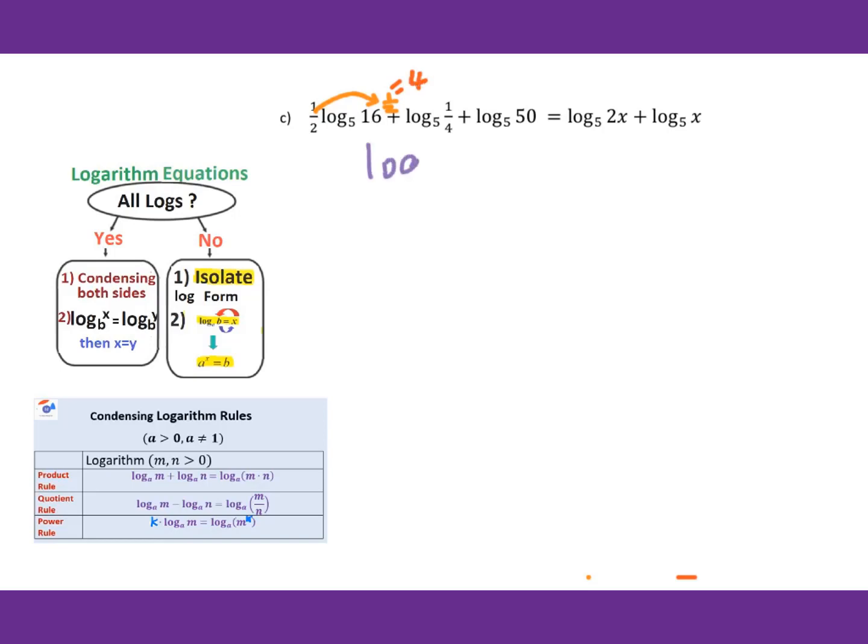Now, on the left side, we got log base 5 of 4 times 1 over 4 times 50 equals log base 5. Adding means we multiply the arguments: you have 2x times x.